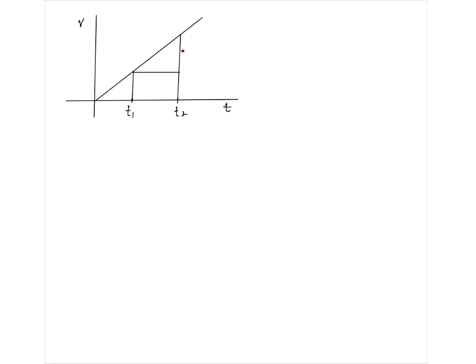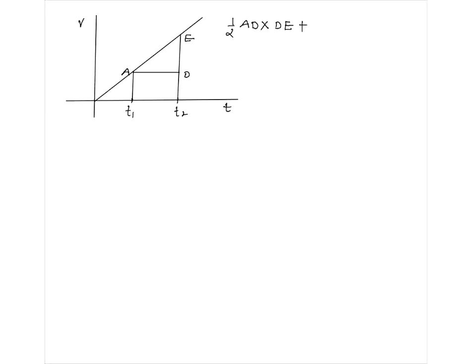Let me use some alphabets. Let's say this is A, this is D, and this is E. So I want the area of this trapezium, which is the distance traveled between these T1 and T2 time readings. Area of triangle is half times base into height DE.